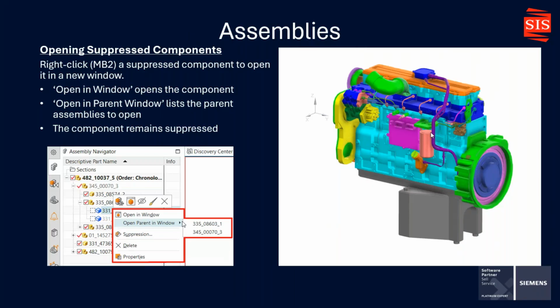And opening the component or parent assembly will leave that component suppressed in the top assemblies. So that's kind of the key thing here. You don't want to have to go in and fully load everything, because that takes time. So this is another useful tool to keep in your back pocket with large assemblies.